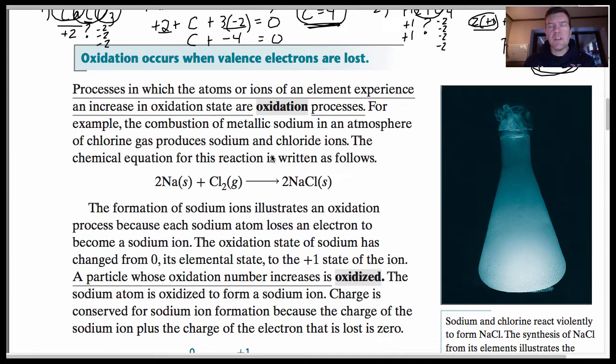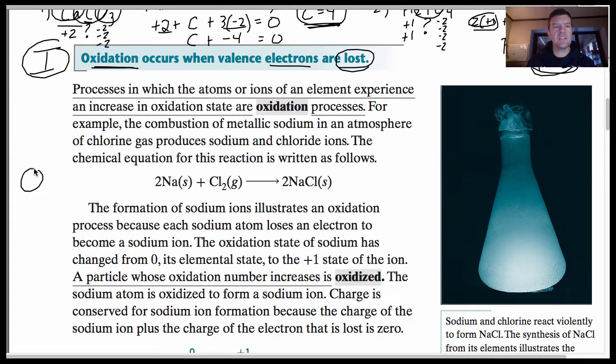So, as I mentioned, there are two parts to these redox reactions. One part, very important here, the oxidation part, is when electrons are lost. Okay? Electrons are lost. And there's an easy way to remember that.